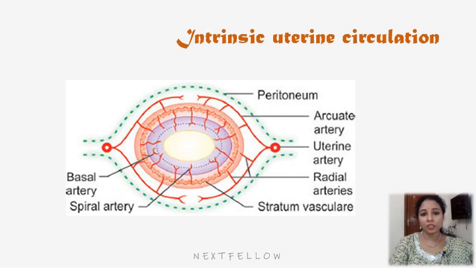Here we can see the uterine artery on each side within the broad ligament, dividing into arcuate arteries. You can see on each side, anterior and posterior, which further give rise to radial arteries. The radial arteries divide to form the stratum vasculare within the wall of the uterus.